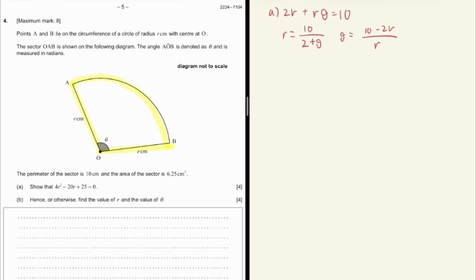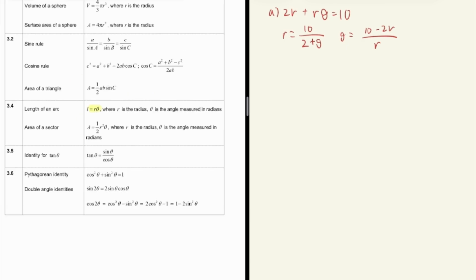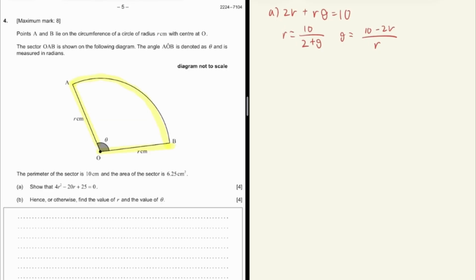And so then we would use the other formula, this formula, in which the area 6.25 is equal to 1/2 r squared theta.